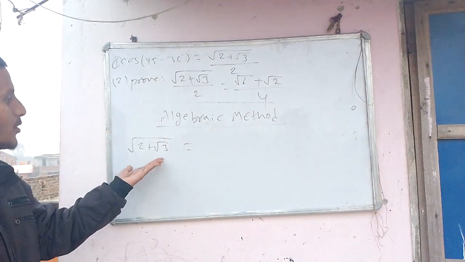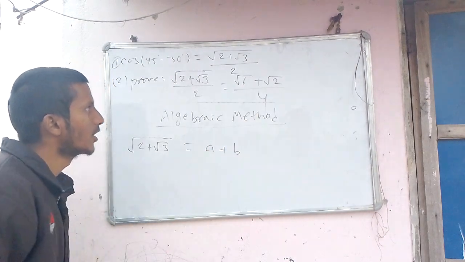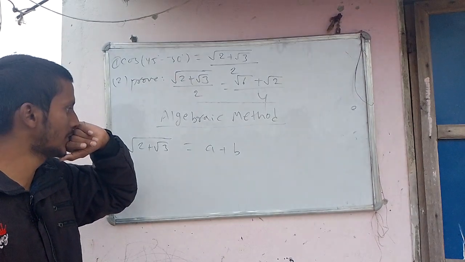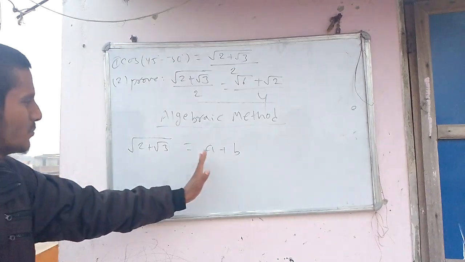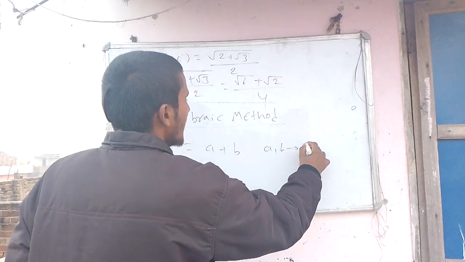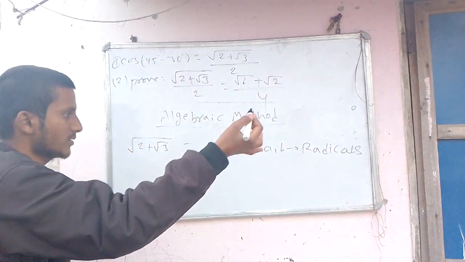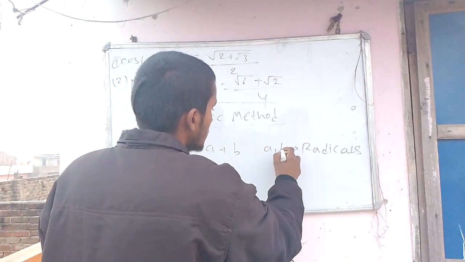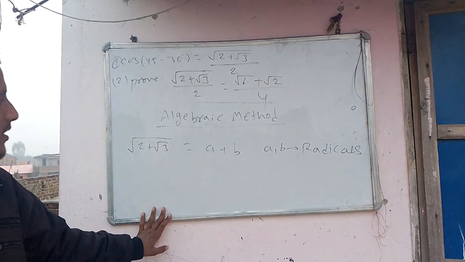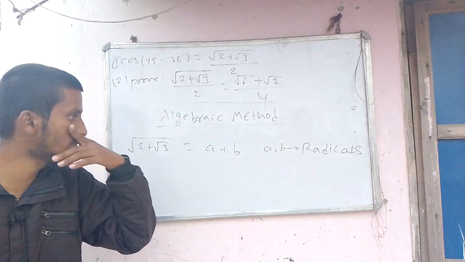So how can we separate this into two numbers, a and b, to write a plus b? This needs to be separated into two numbers, a plus b. And let's suppose that both a and b are radicals. We know in advance that a and b are radicals, meaning the square root sign is there.